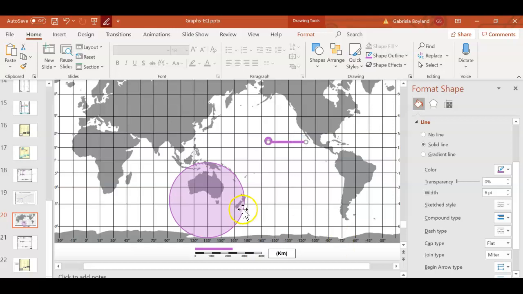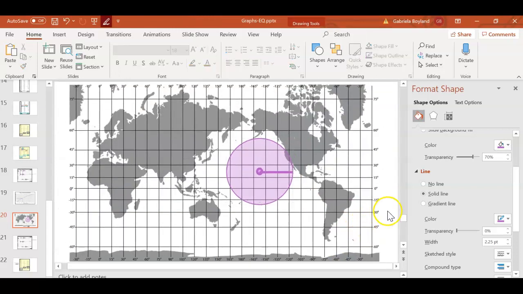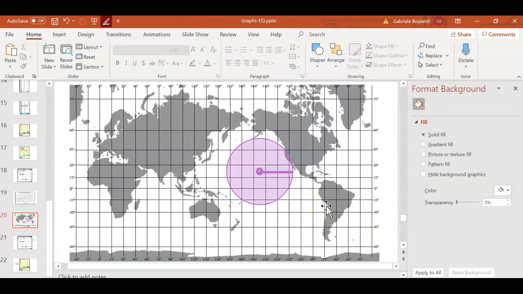Thankfully I have already drawn a circle that has that radius. I place that in the middle of my circle, and once I do that, I know that the epicenter of the earthquake I'm trying to locate happened somewhere around here, somewhere on the circumference of this circle.